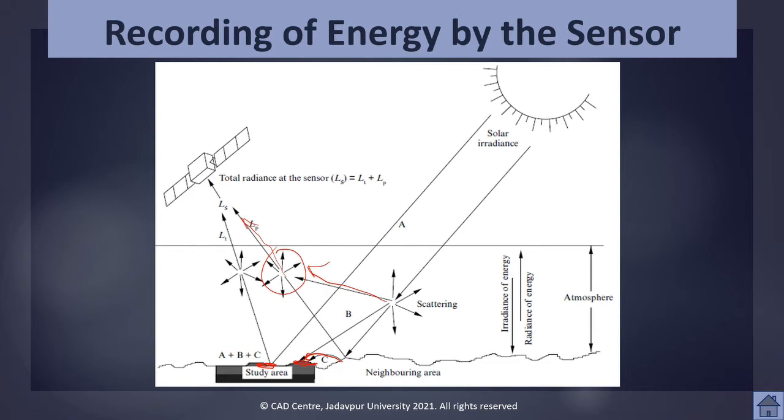Thus, the total radiance recorded by the sensor becomes LT plus LP. LT is the transmitted energy reflected by the terrain, and LP is the path radiance.